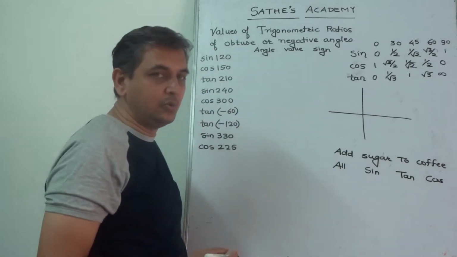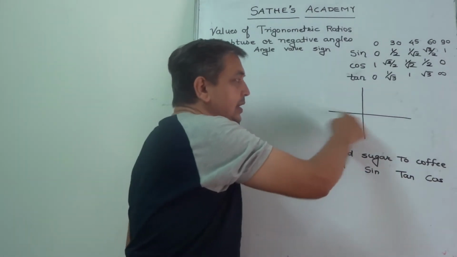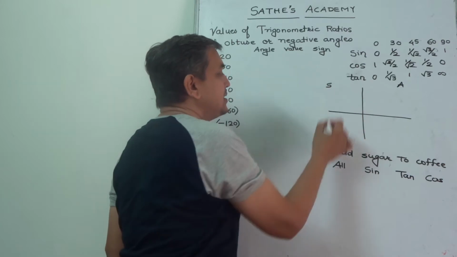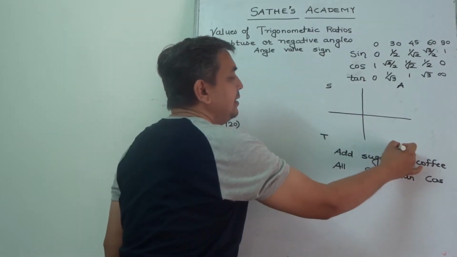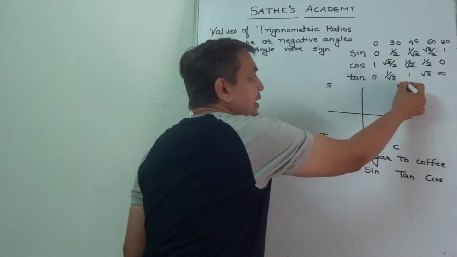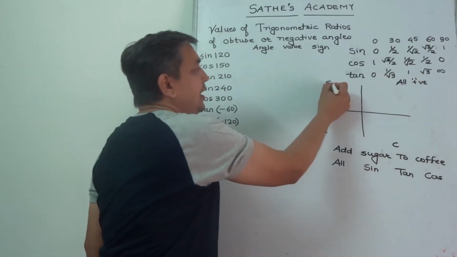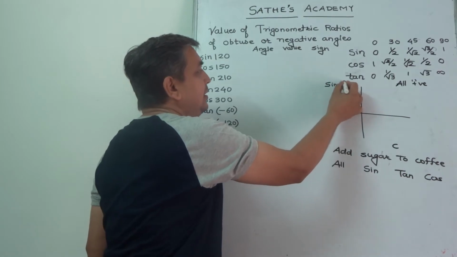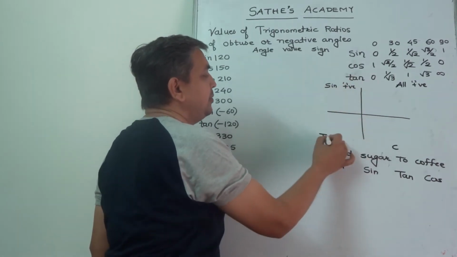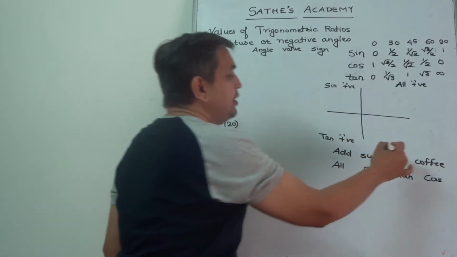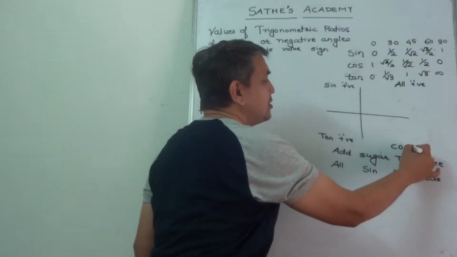We use this in the coordinate system, A, S, T, C, and we write here all positive. S stands for sine, sine positive, T stands for tan, tan positive and cos positive.